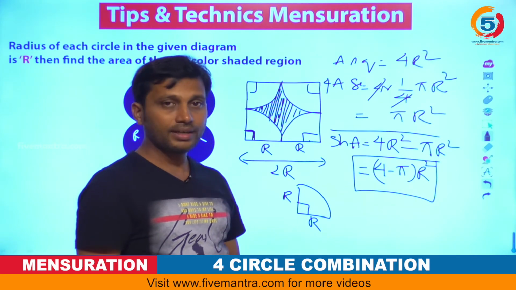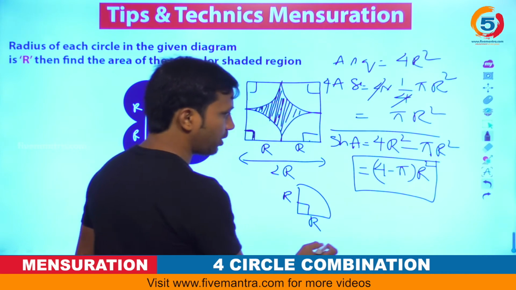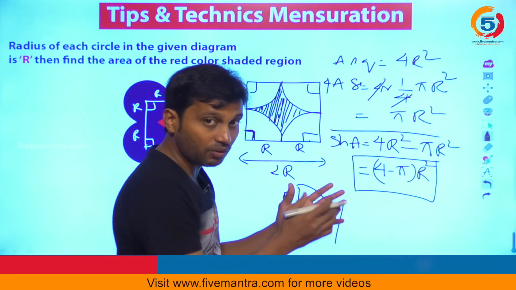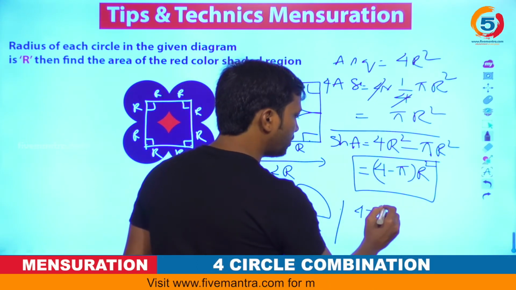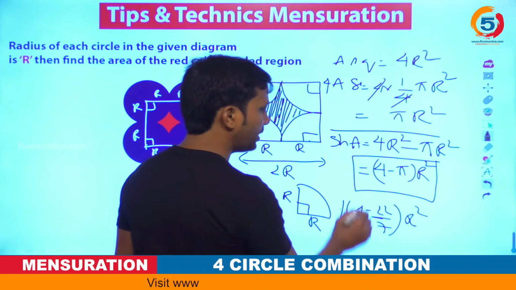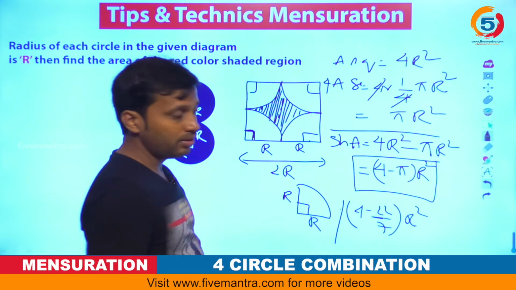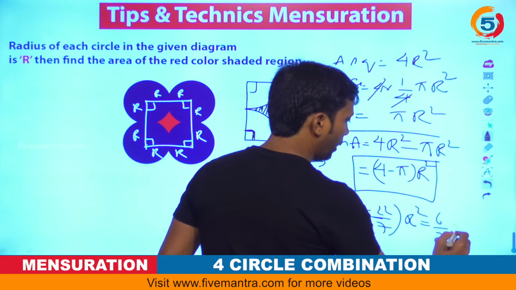Then what do you get? What can be the finest shortcut? 4 minus 22 by 7 into r square. What is that then? 7 into 4, 28 minus 22, 6 only, no? So that is 6 by 7 r square.